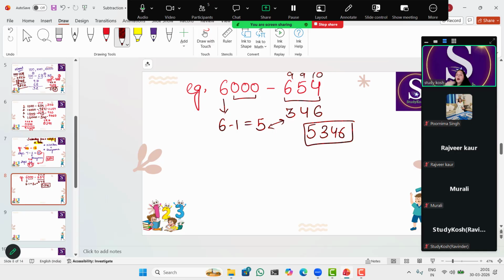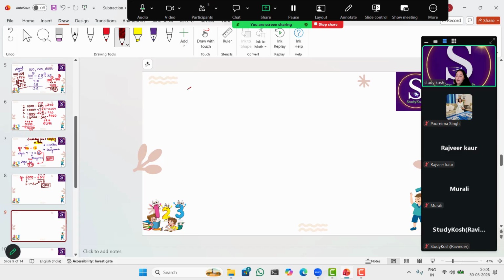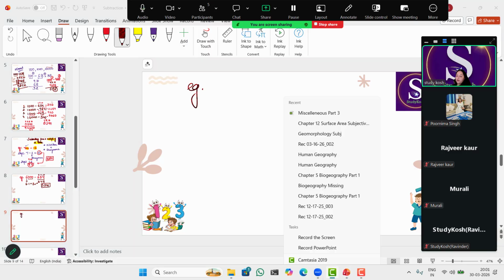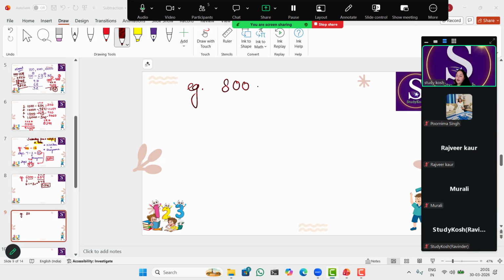Step 1 will be the same: 8 minus 1, that is 7. I'll change the digit here so that it will not confuse you. Here it is 325, not 125. So the first step is the same, 8 minus 1, 7.